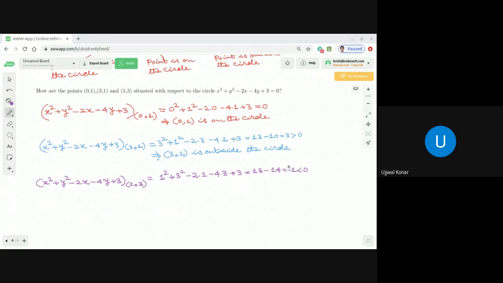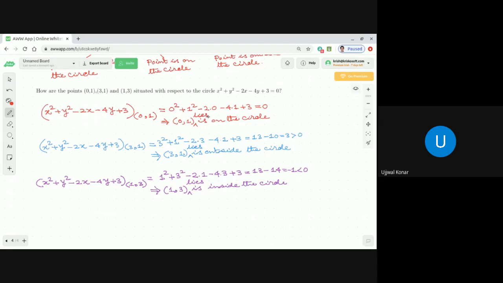As it is less than 0, we can conclude the point (1, 3) lies inside the circle. To be grammatically correct, I should write "lies": (3, 1) lies outside, and (0, 1) lies on the circle.